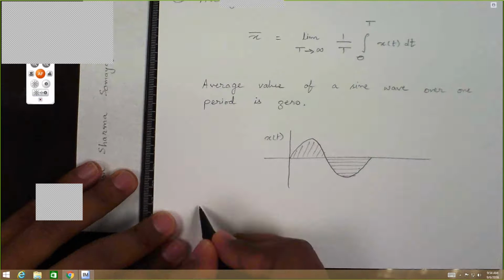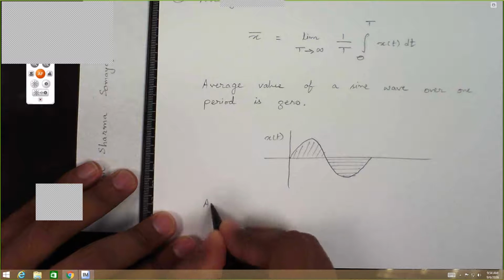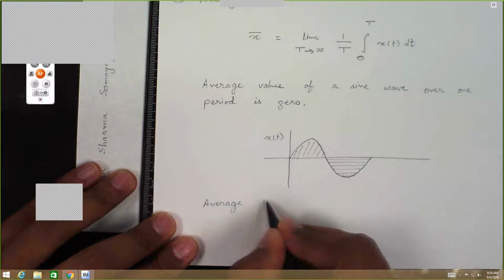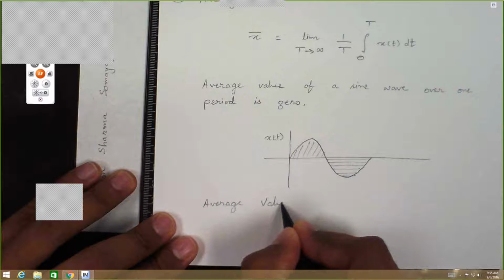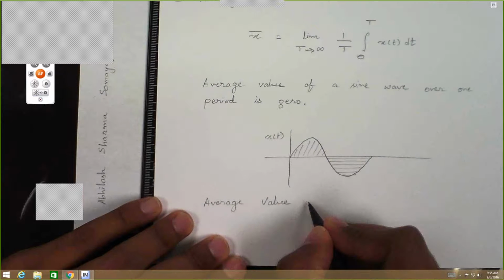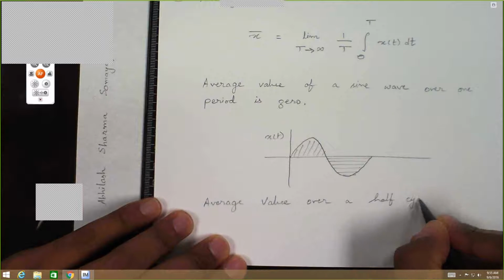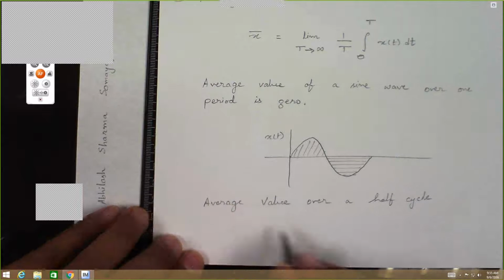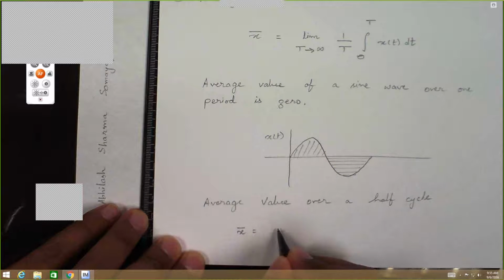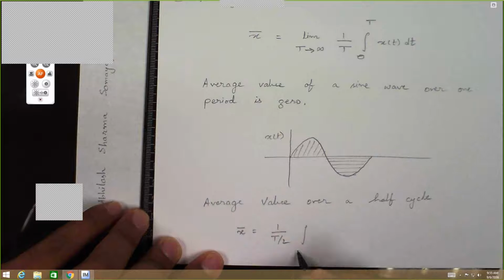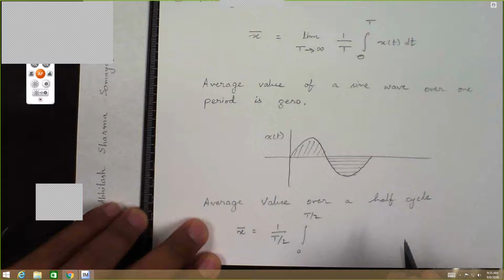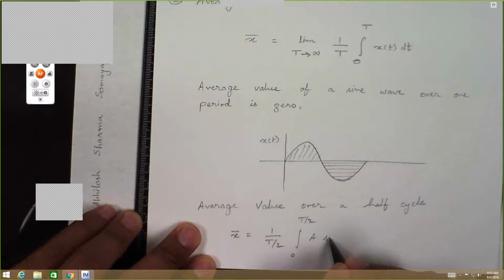However, if we take a look at average value over a half cycle, then our x bar is given by, so we are now going to sum it over t by 2. So 1 over t by 2 integral 0 to t by 2 a times sine of 2 pi over t times t.